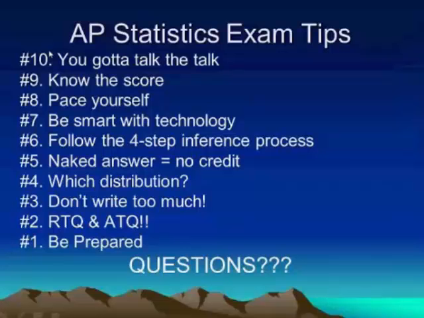pool or not. On the other hand, if you're doing a 2-sample t-test for a difference in means, the null hypothesis is that the 2 means are equal, but there's no statement about the standard deviations needing to be equal. So when your calculator asks you whether you want to pool on the 2-sample t-test, it's asking the student whether they want to combine the data to come up with a single estimate for the standard deviation.